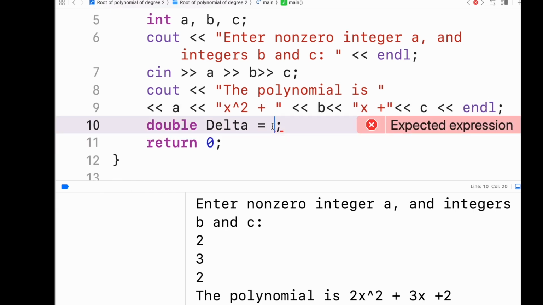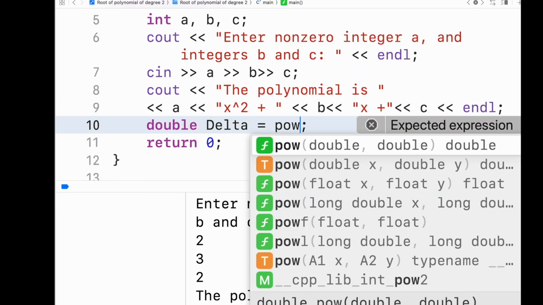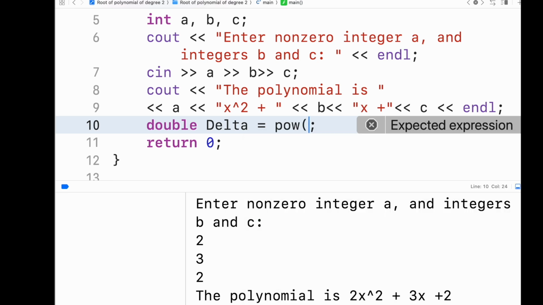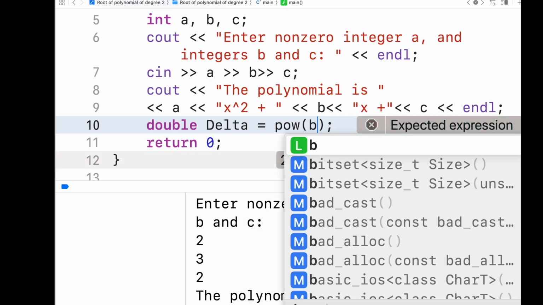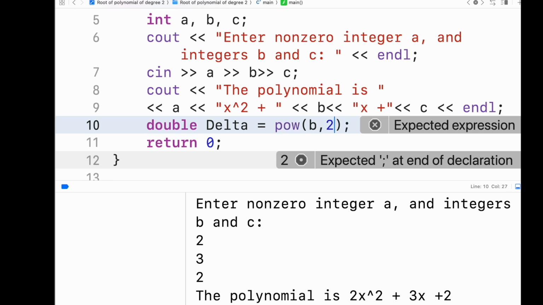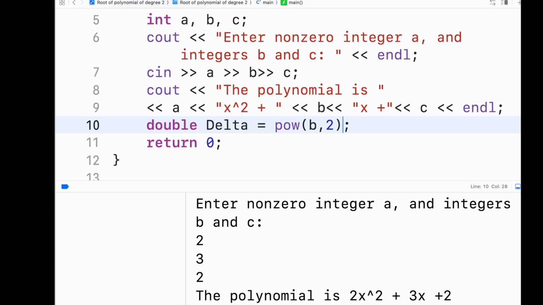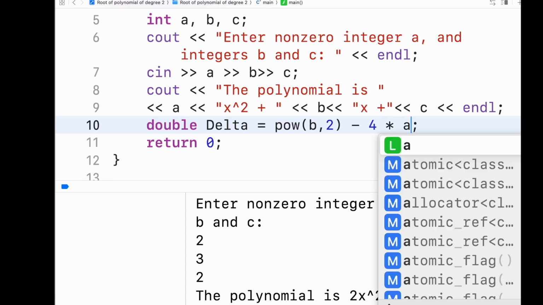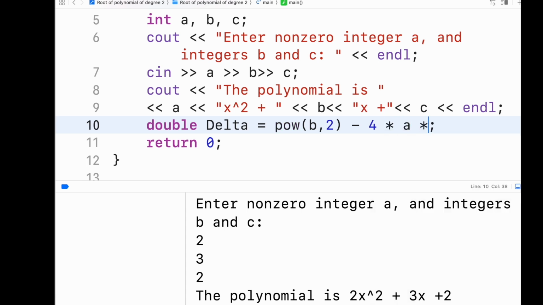So I write here a square of b. For this I use pow, minus 4 times a times c. This is our delta.